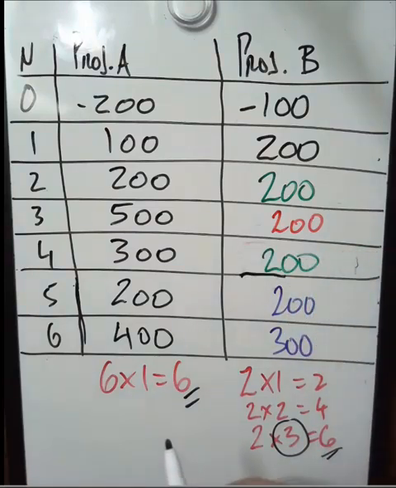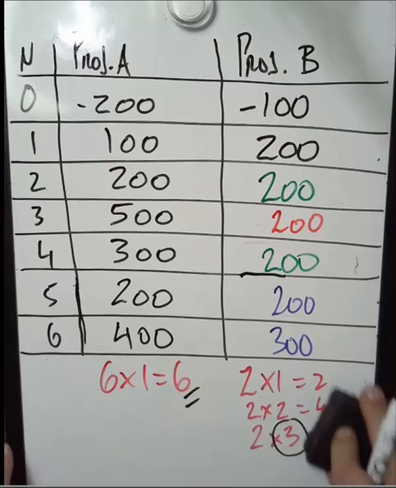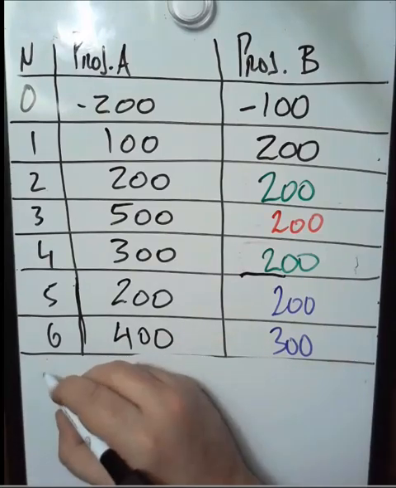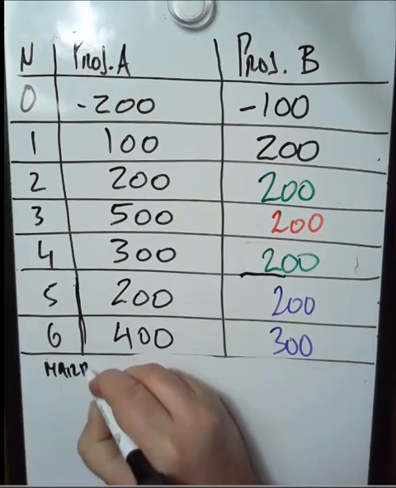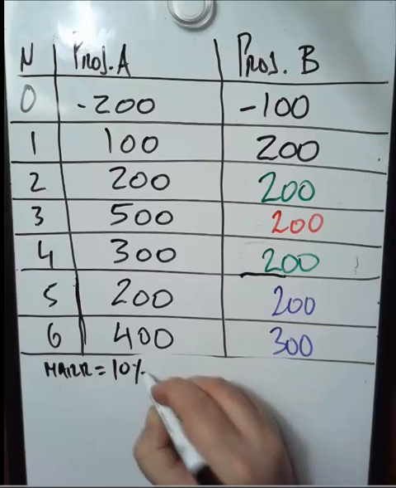Now we can compute the net present value for each one of them to evaluate which one we should choose. To do so, we need to have a minimum acceptable rate of return given to us. Let's say it's 10%.